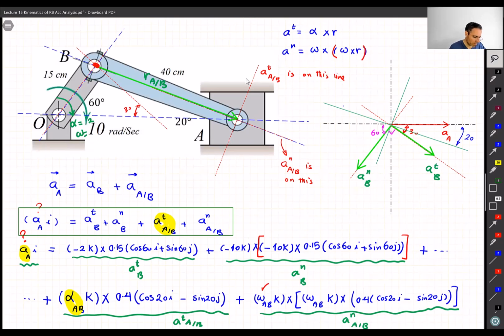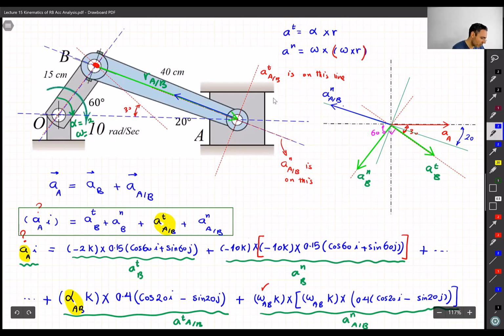Okay, so then simply what I will do, I say this is a normal acceleration of A with respect to B. And if you get confused why it is on this line, this is that vector, right? A of A with respect to B means we join point B to the ground.